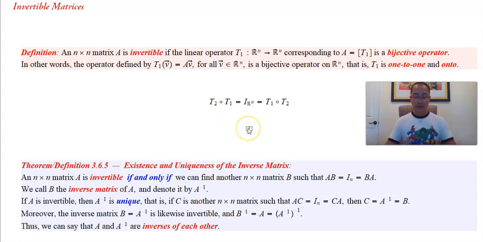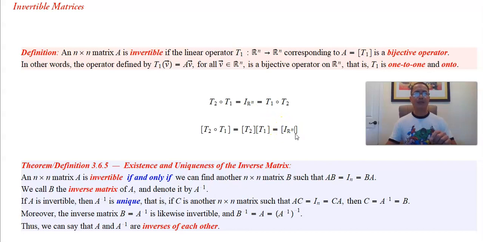So what did we say? If you have the matrix of a composition, the matrix of T2 composed T1, remember that turns into a matrix product. So we will have the matrix of T2 times the matrix of T1. There you go. But what is this equal to? This has to be equal to the matrix of the identity operator.